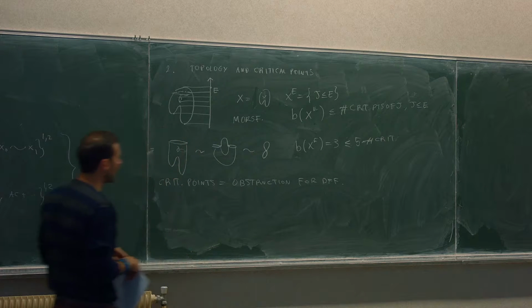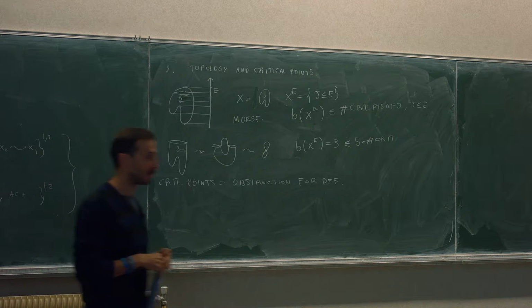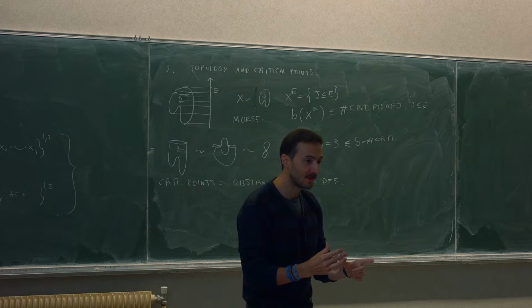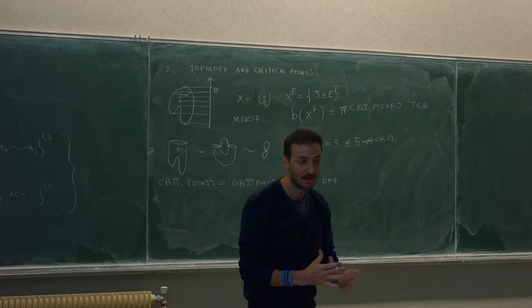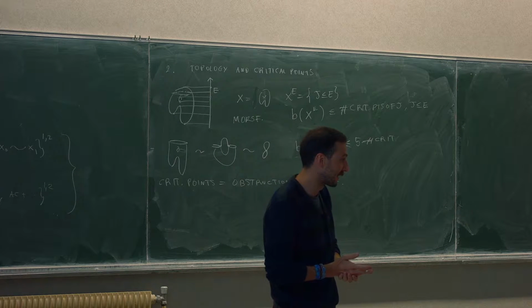There is one more technical tool which is important in this infinite dimensional case. We don't just need our function to be smooth and to know the critical points, but it also has to satisfy some property that guarantees that you can make this deformation, and this is the so-called Palais-Smale property. So in infinite dimension, we need this property to be satisfied.